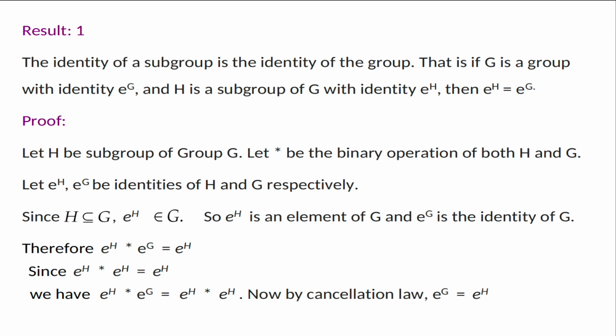Since H is a subgroup of G, e_H is an element of G. So e_H is an element of G and e_G is the identity of G. Therefore, e_H = e_G e_H. Since e_H = e_H e_H as well, we have e_G e_H = e_H e_H.